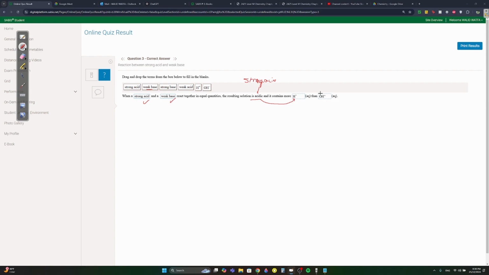It contains more what than what? Every solution has H plus and OH minus. Depending on the nature of the solution, whether it's acidic or basic, you will know whether there is more H plus or more OH minus. If there's more H plus, then it's acidic. If there's more OH minus, then it's basic. Since we said it's acidic, obviously there's going to be more H plus than OH minus.